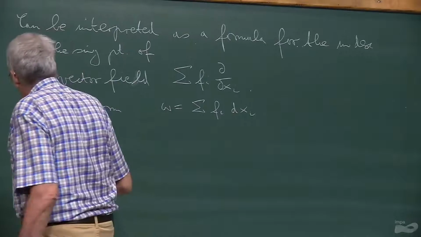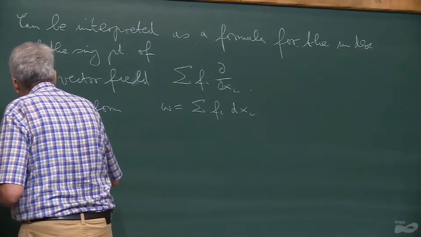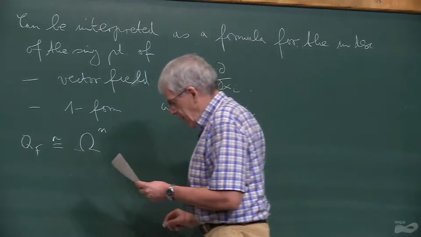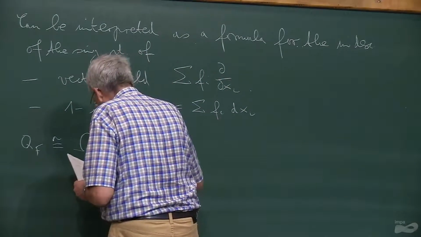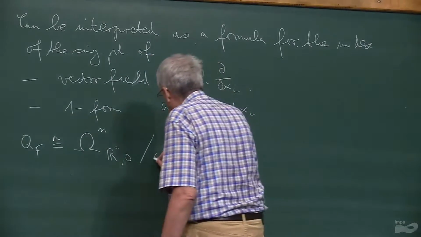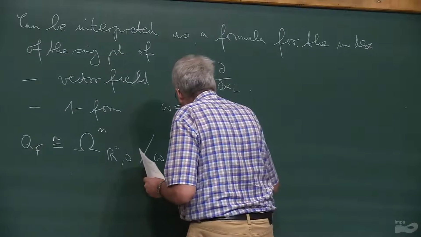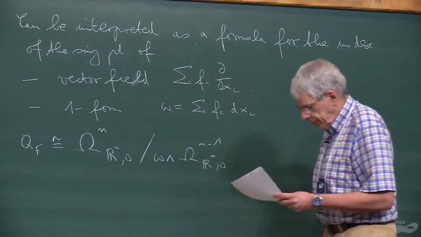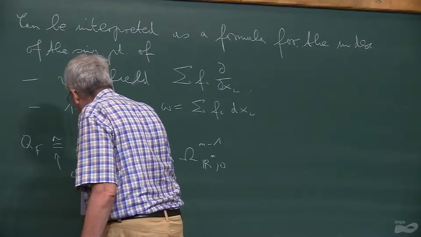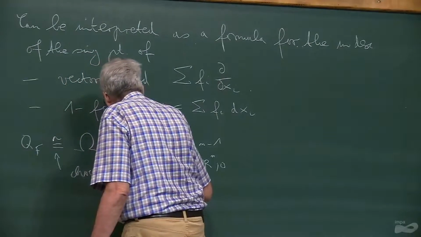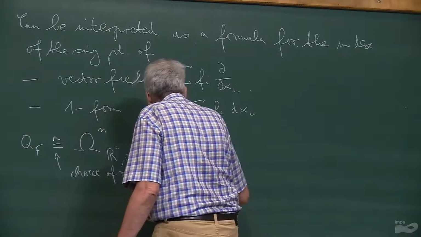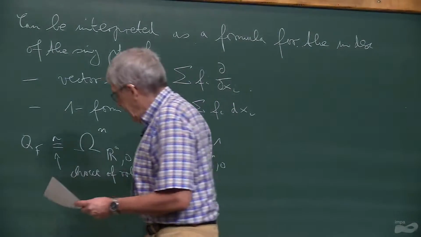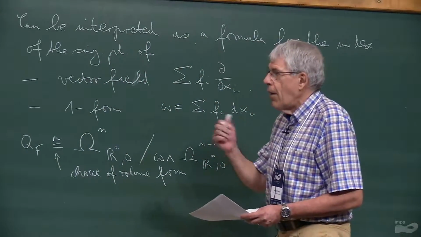And also this Milnor algebra can be identified, after the choice of a volume form, with the algebra of germs of analytic n-forms on R^n modulo the ideal generated by omega wedge (n minus 1)-forms. This isomorphism is given by the choice of a volume form. And I will also use this interpretation of the Milnor algebra. Then there are several generalizations of this formula.